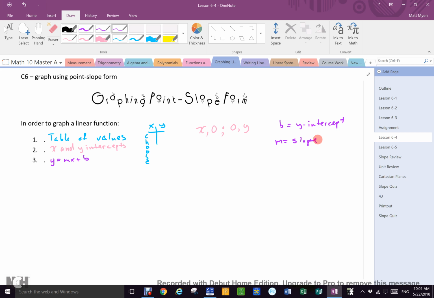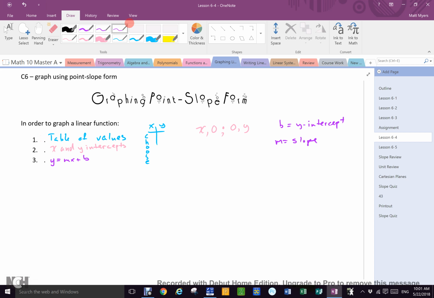Notice that 2 of them use the y-intercept, don't they? And this first one, if you were going to choose a number to put in for x, what's the easiest number to put in for x? 0. So then x disappears, right? So all of these 3 are using intercepts, aren't they?